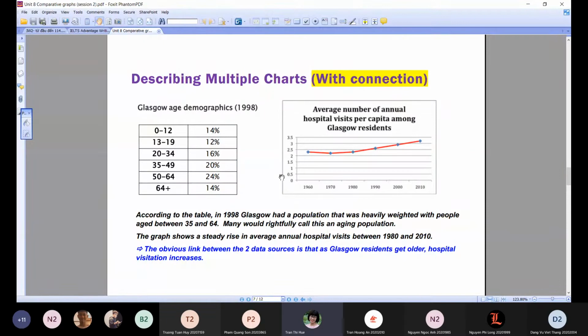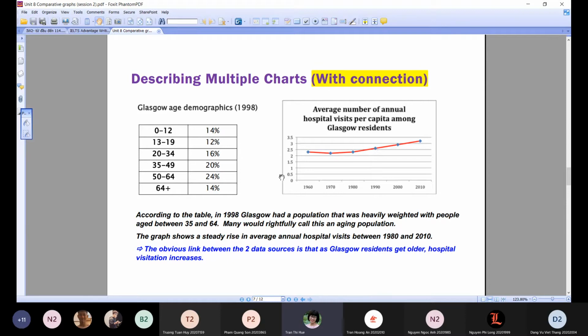And this is called aging population. Aging population, dân số bị già hóa, tức là khi mà tỷ lệ cái nhóm tuổi của dân số nó nằm ở từ trung niên cho tới cận già, tức là 35 tuổi cho đến 64 tuổi.